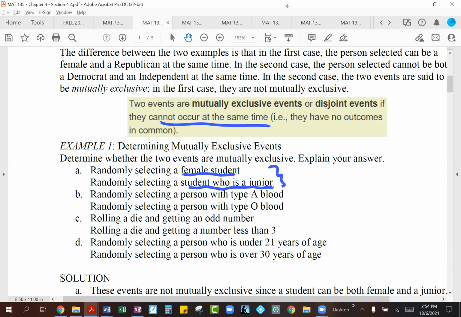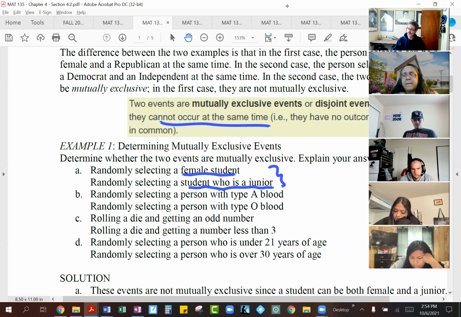Can these two events happen at the same time? If they can happen at the same time, then they are not mutually exclusive. If the two events cannot happen at the same time, then we say they are disjoint or mutually exclusive.